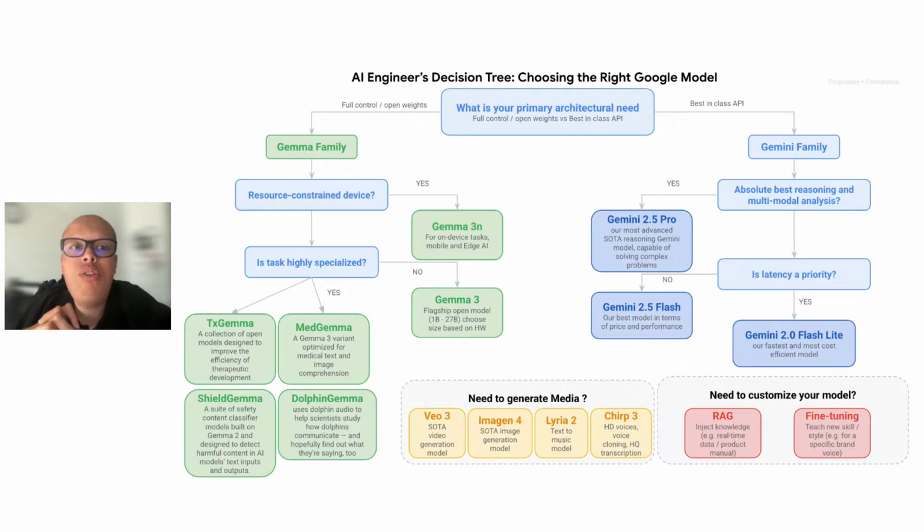By the way, today a preview version of 2.5 Flash-Lite has seen the light of day. It is a lighter version compared to Gemini 2.5 Flash, and it also has the possibility to enable or disable thinking. We will be discussing thinking models later, so bear with me.